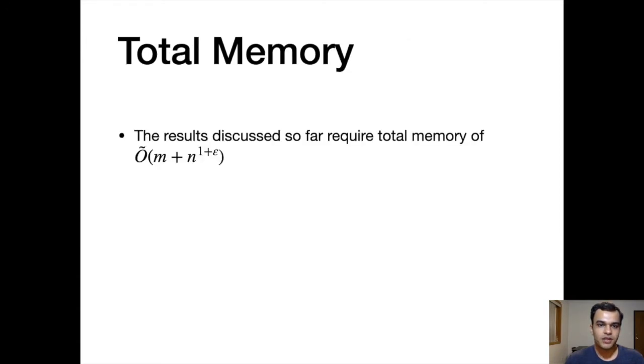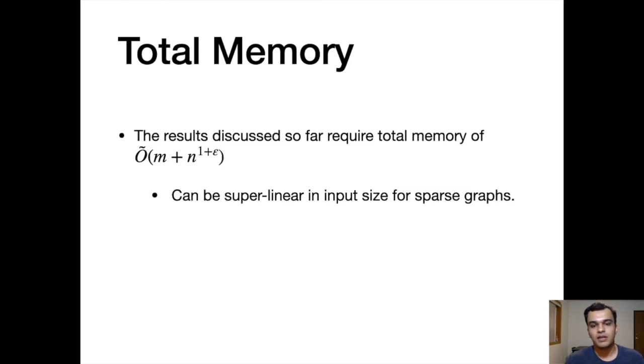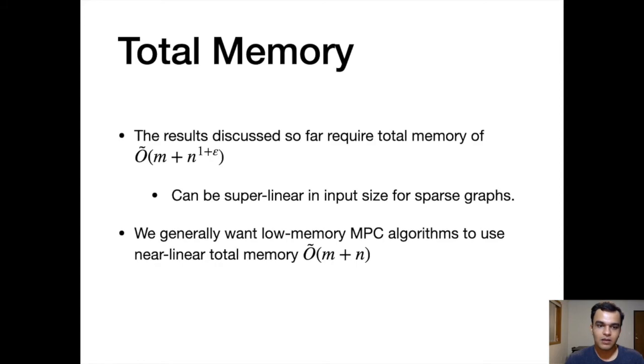To this point, the results we discussed require a total memory of m plus n to the 1 plus epsilon. This can be superlinear in the input size for sparse graphs. And total memory is essentially the amount of memory used over all the machines. We generally want low memory MPC algorithms to use near linear total memory, which would be O tilde m plus n.